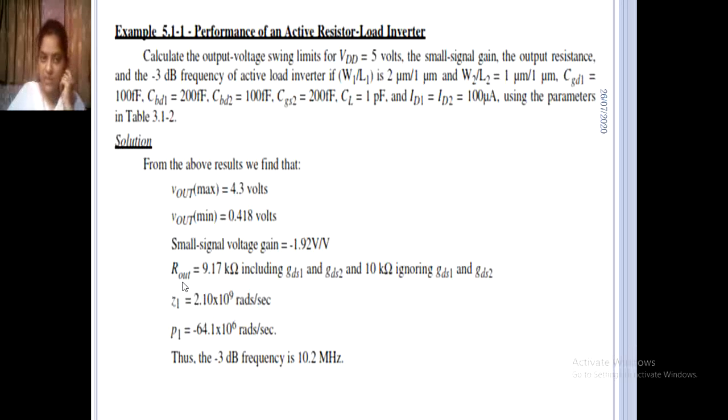Then let us see the performance of an active resistor load inverter. So here is one example we are going to see.